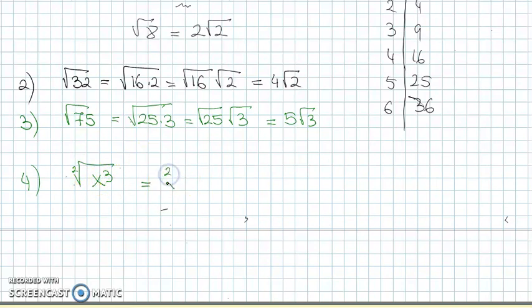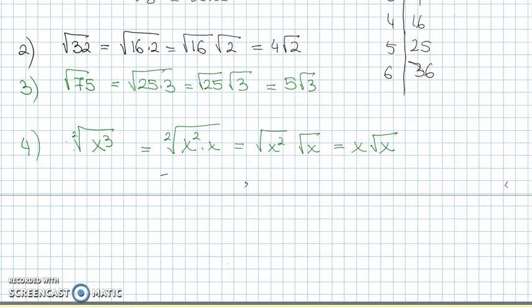Or if you want, you can rewrite it like this: x squared times x. So this is x cubed. But now again, I can divide this root into square root of x squared and square root of x. Square root of x squared is just x, and this is square root of x. I simplified. I have fewer exponents on my variable under the root. It's going to be easier to operate.